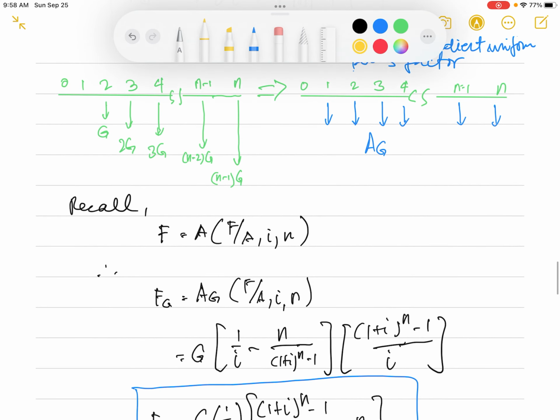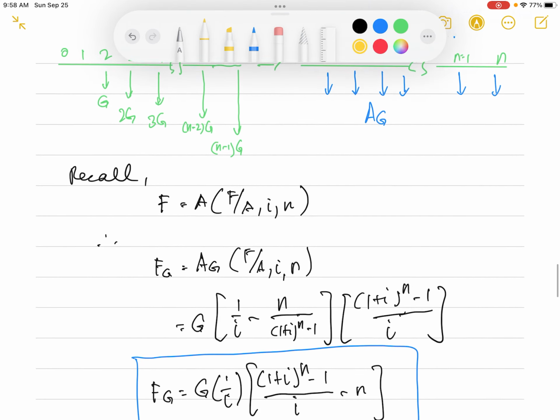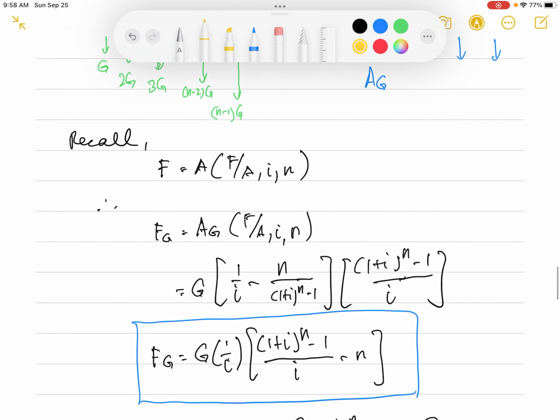Again, let's recall the formula for future worth given a uniform annual amount A. So that's F equals A times the compound worth factor, or the annual uniform series amount factor, F over A at interest rate i over n periods.